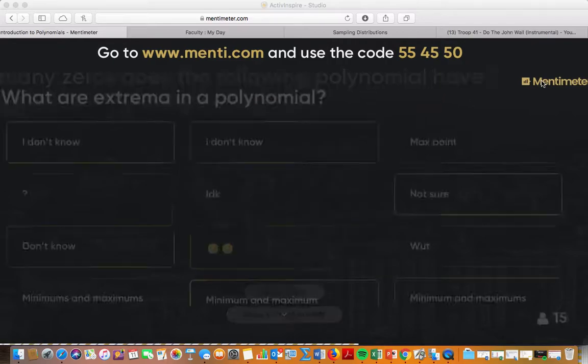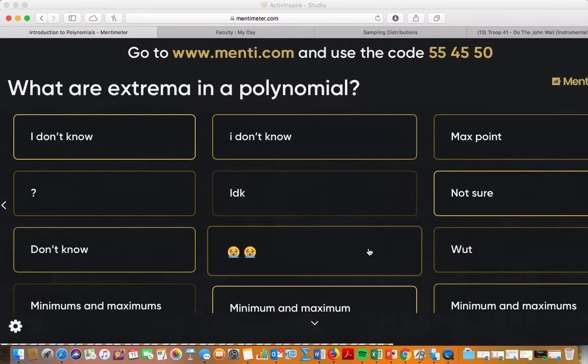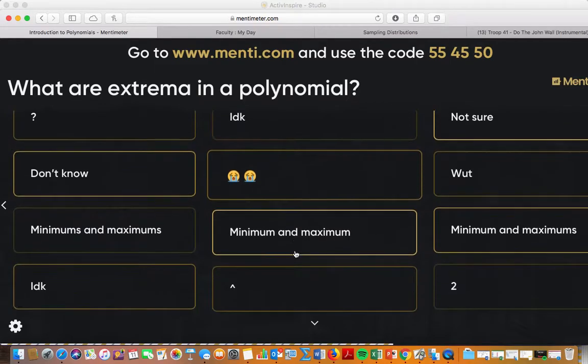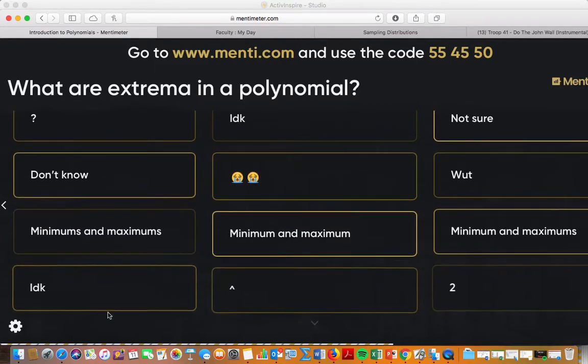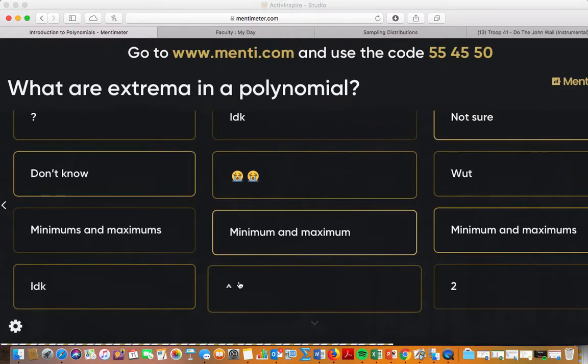All right? Very good. What are extrema in a polynomial? I love to see these. Okay, I love that. Extrema. What's that? An up arrow? Who put the up arrow? That was me, so I got it right.